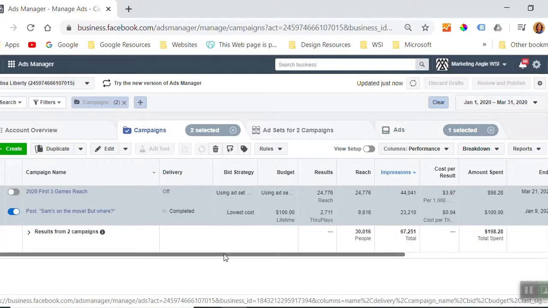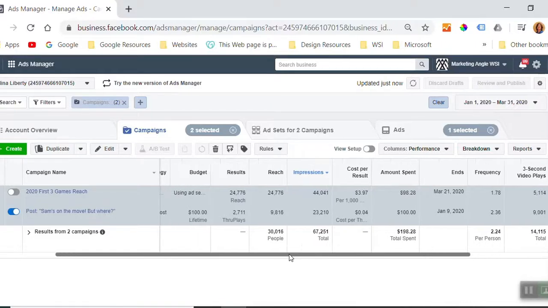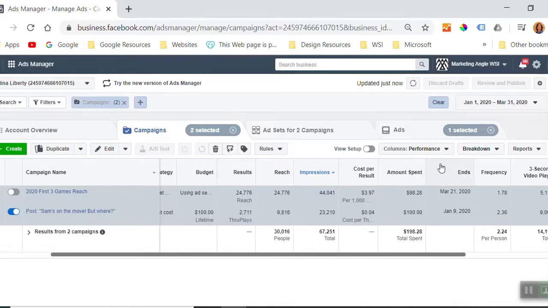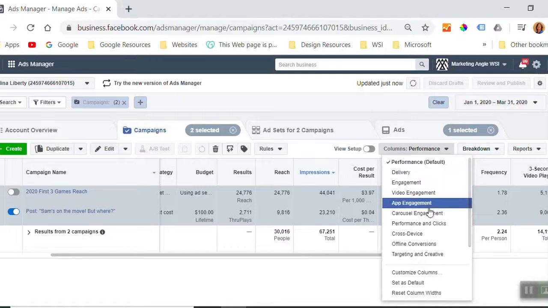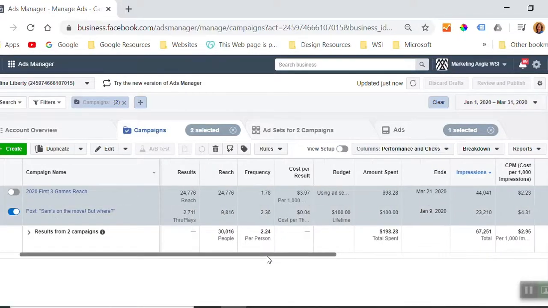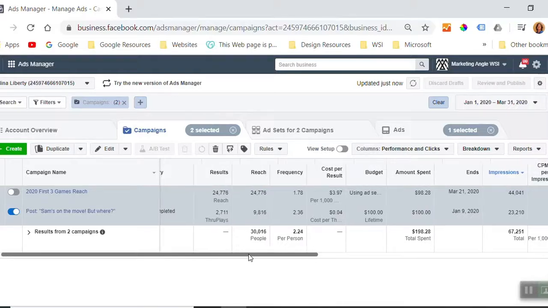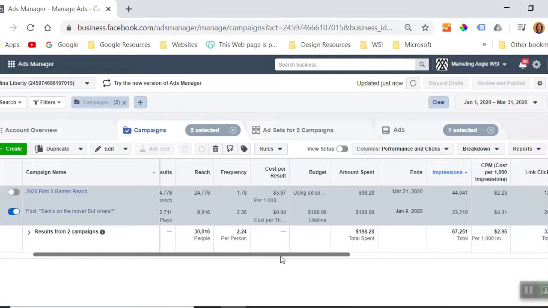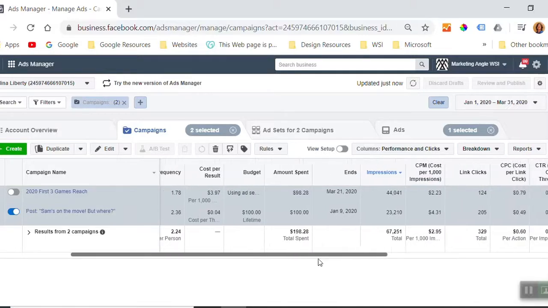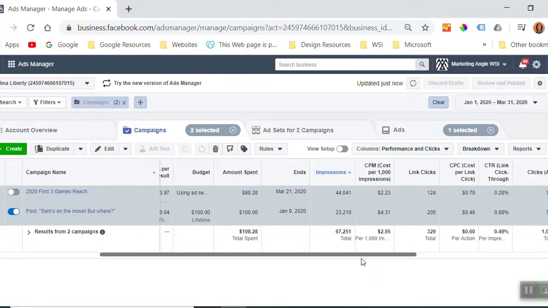Go back to the campaigns level. At this point, one of the things that I wanted to show you is the difference between the 2 and why we like the ads versus the posts. At the very first level of any kind of campaign, the main thing that I can look at and compare is the number of impressions.